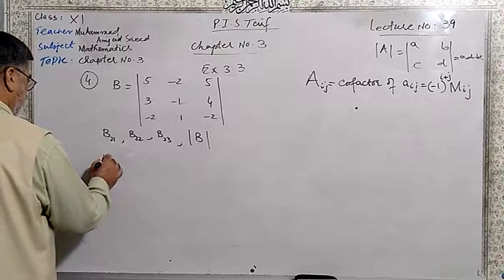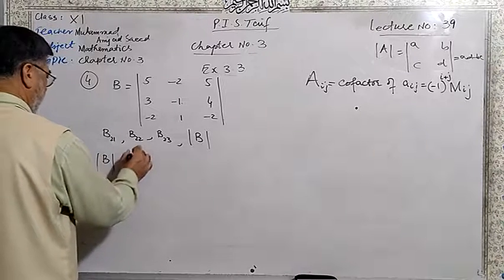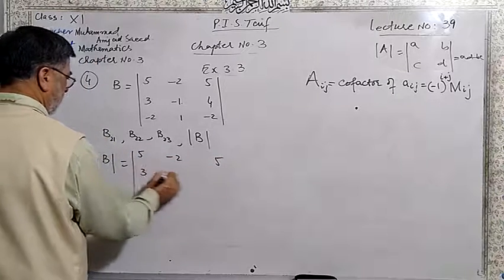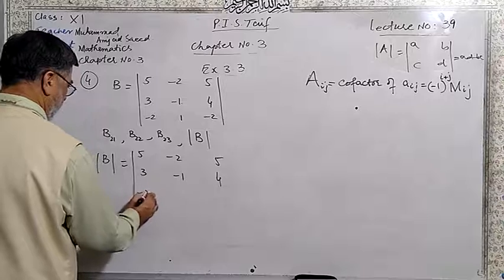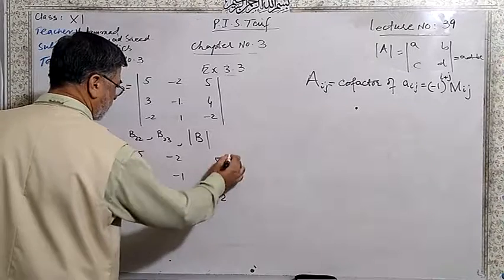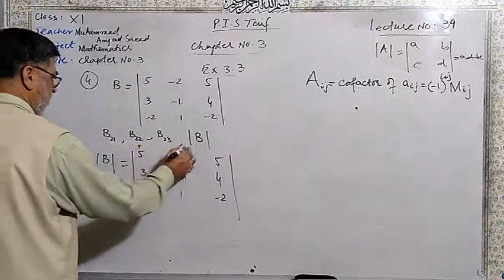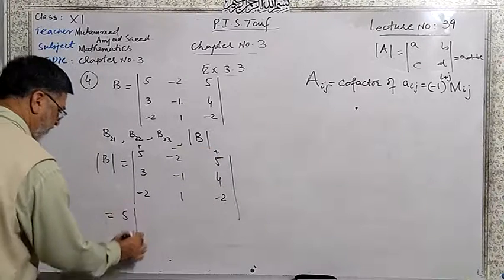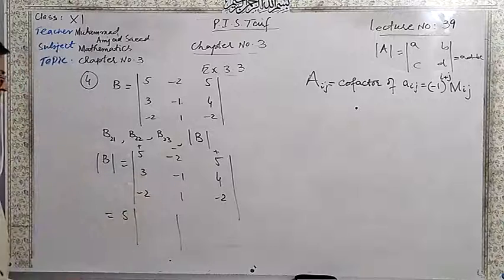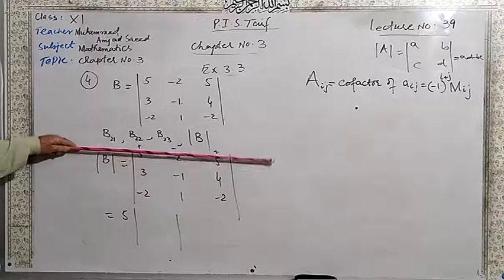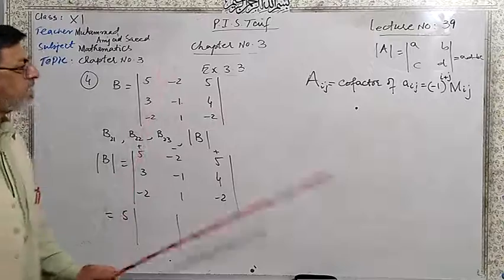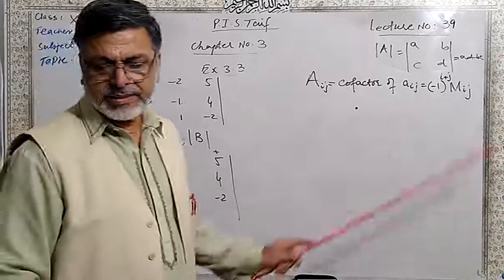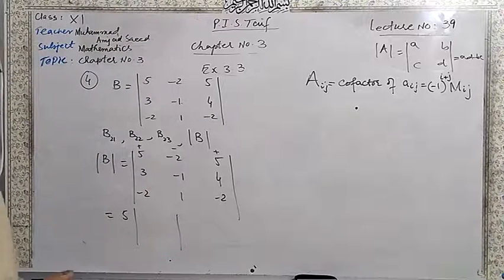Now we will find B determinant. 5 minus 2, 5. 3 minus 1 and 4. Minus 2, 1 and minus 2. This is plus, minus and plus. 5. Remove row of 5 and column of 5. This is known as Mij. This is minor.